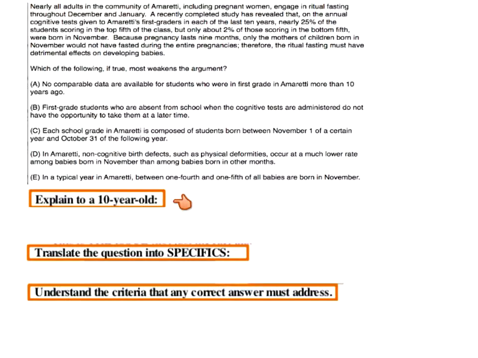So when I say explain to a 10-year-old, this is one of those things where I practice exactly what I preach. When I look at a critical reasoning passage, I have to boil it down into simple enough terms that I can explain it to a fifth grader, because honestly, things that a fifth grader could not understand, I could not understand either.